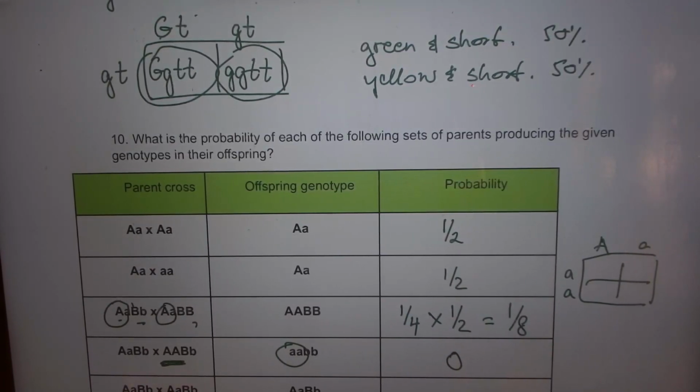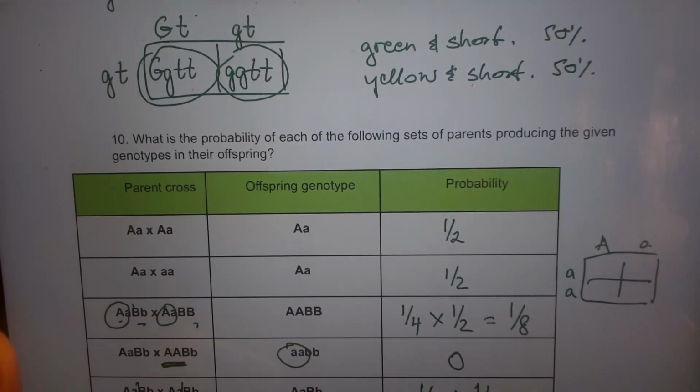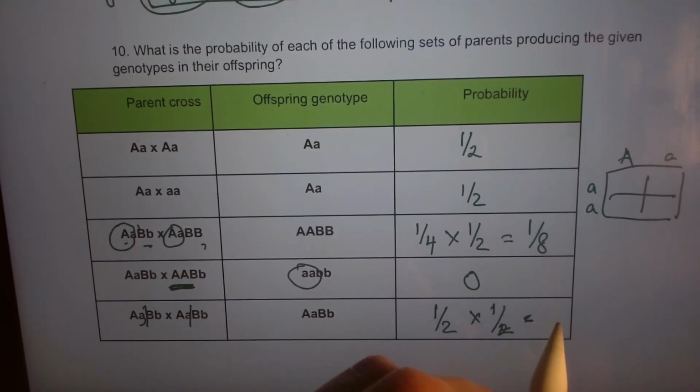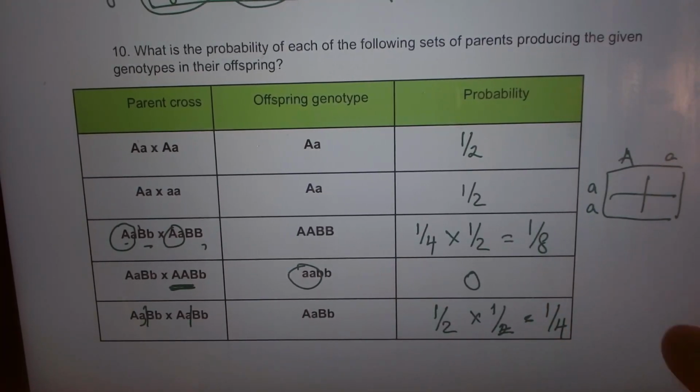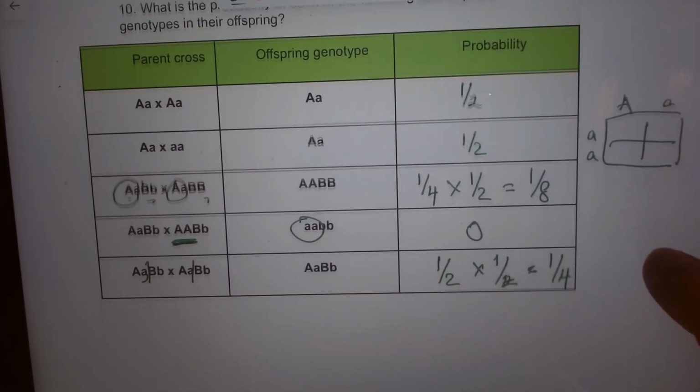And here, heterozygous with heterozygous to produce a heterozygous for both traits, half is the probability if we independently assort them, times half for the other cross. Half times half is 1/4.